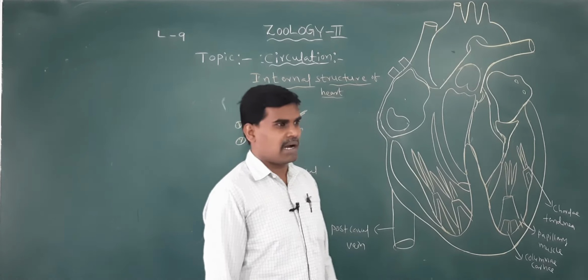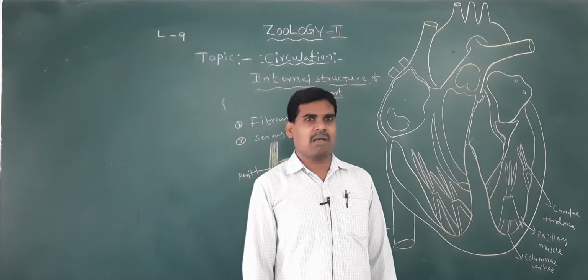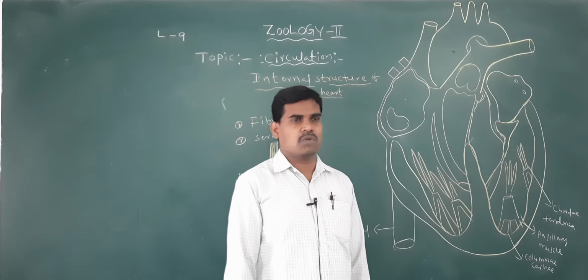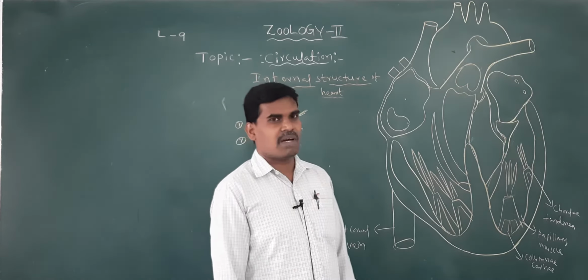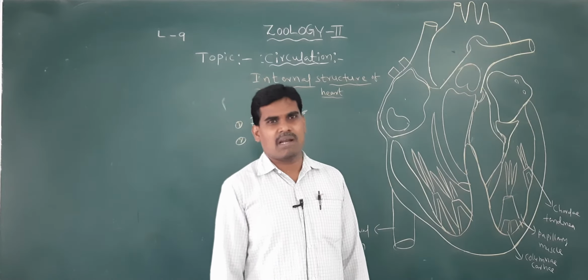The heartbeat is 72 to 75 beats per minute, with contraction and relaxation.